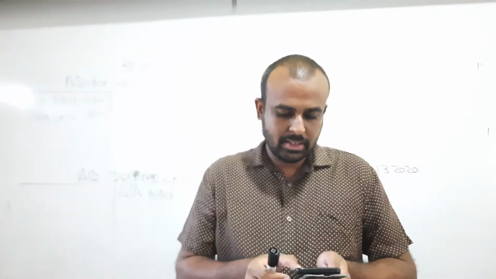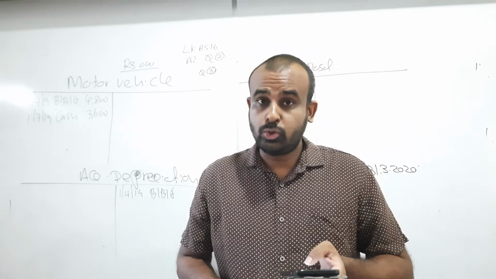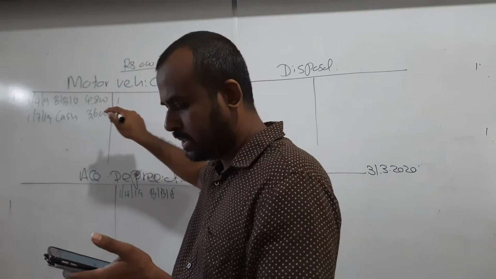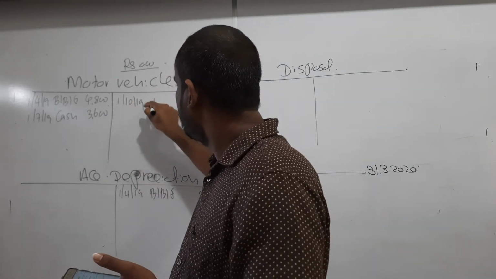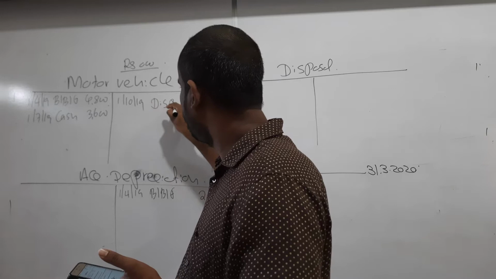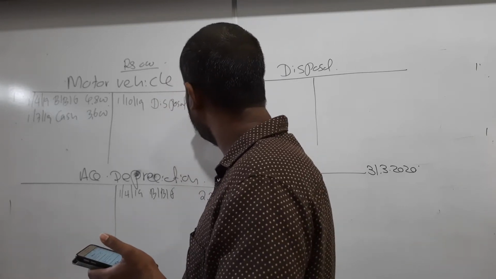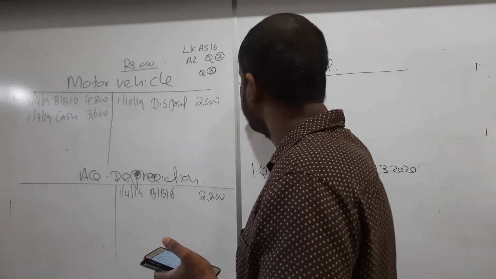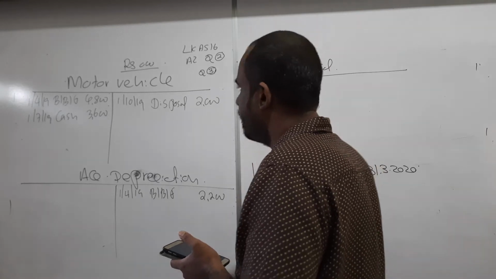The cost is clearly given, rupees 2 million. What is the double entry? On 1st October 2019, credit the motor vehicle account saying disposal rupees 2 million and debit that 2 million into the disposal account saying motor vehicle rupees 2 million. Clear now?